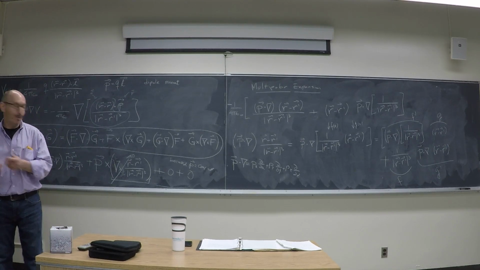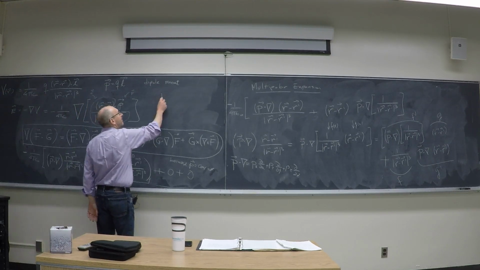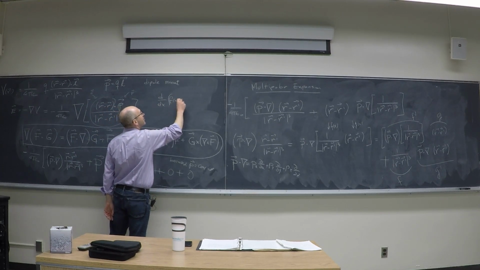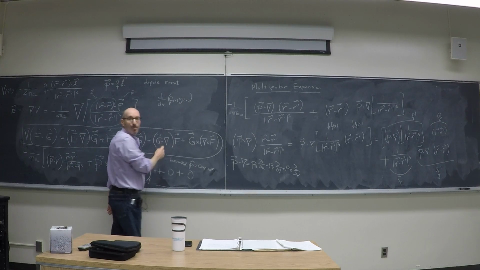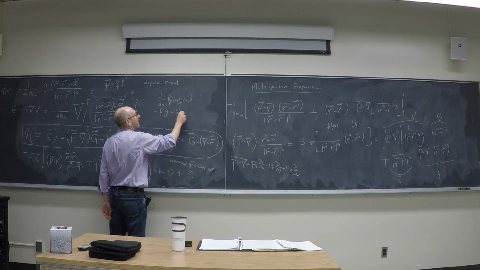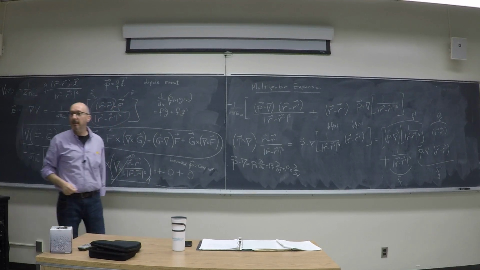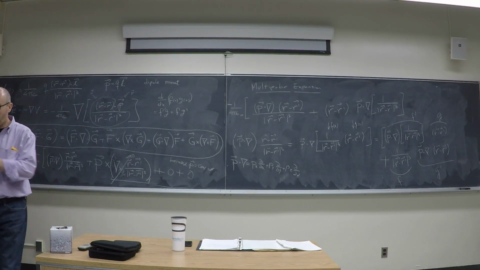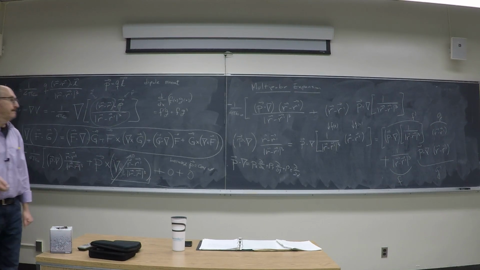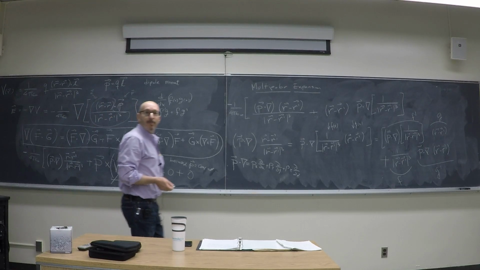If I have the derivative with respect to x of f of x times g of x, it's the same thing. I have two terms simply because I'm taking a derivative. Okay? All right.